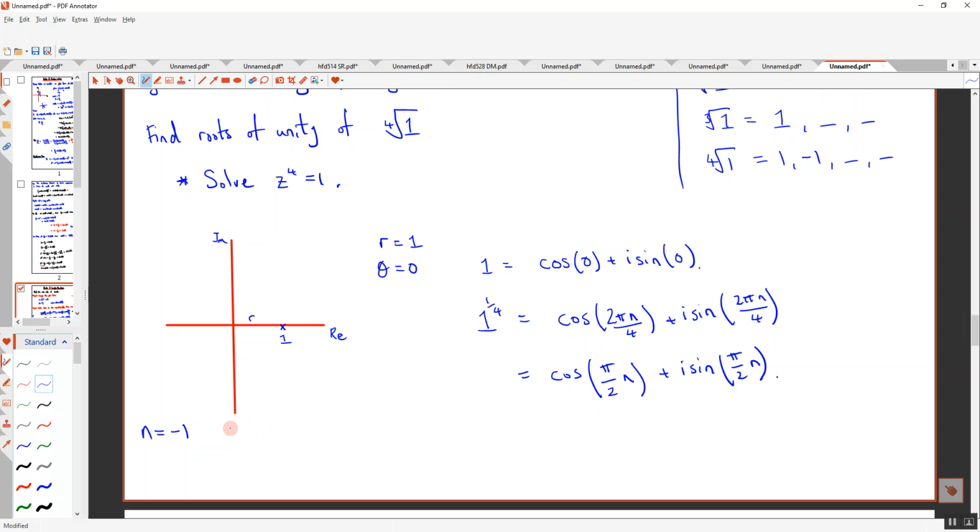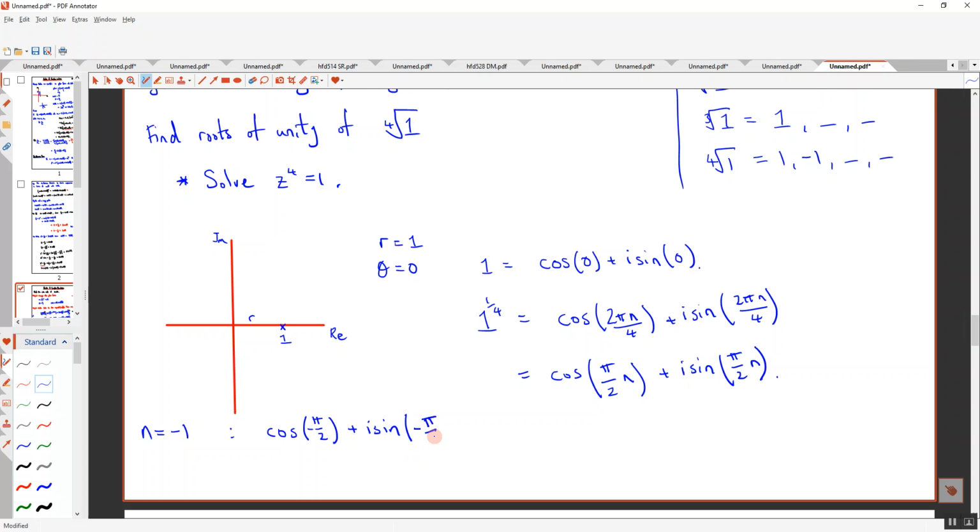So our first answer is cos of -π/2 plus i sine of -π/2.